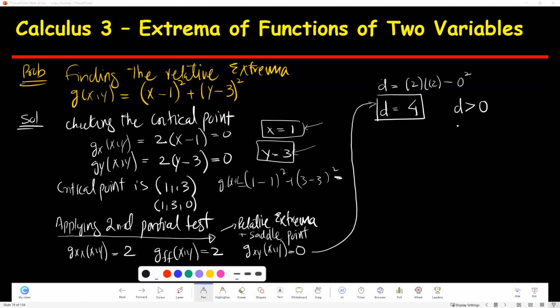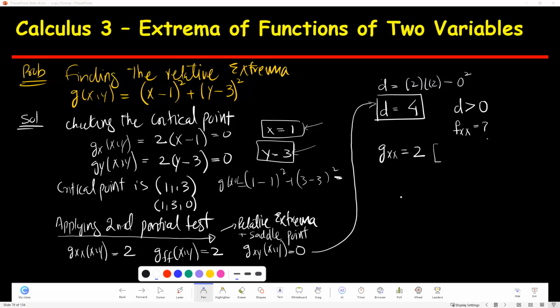Now I'm going to check my second thing, which is my gxx. And this one maybe needs my critical point. So if I'm looking at my critical point over here, gxx equals just 2, right? Again, I did not use my critical point.